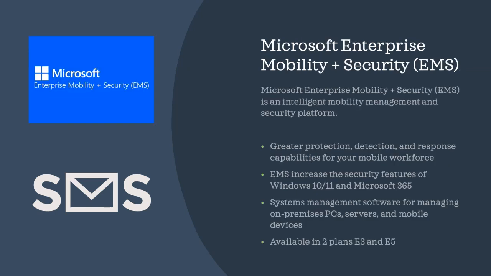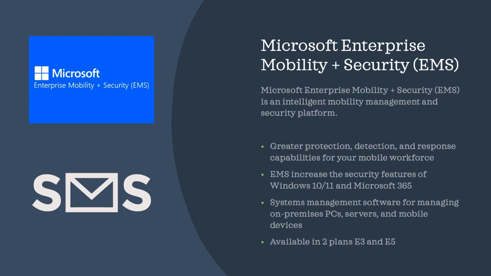So another product that you can also look at potentially taking out on 365 is a service called Microsoft Enterprise Mobility and Security. Now this really is for mobile remote workers. It is effectively an intelligent mobility management security platform, and basically it brings together mobile device management and mobile application management.